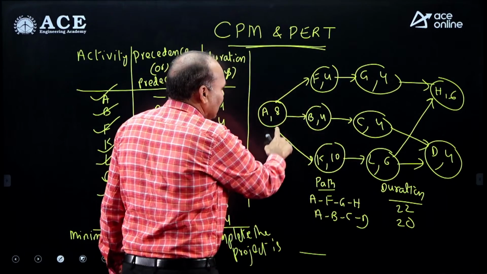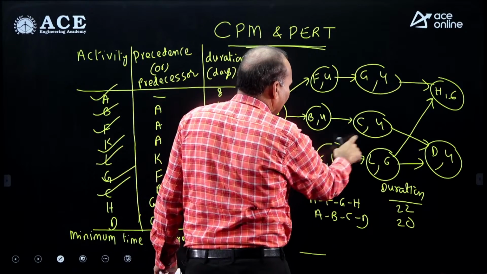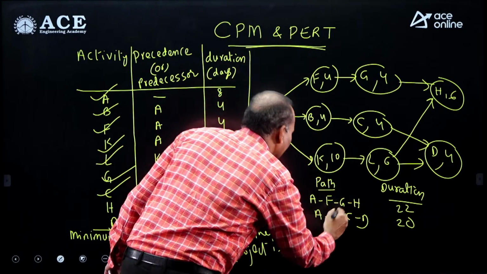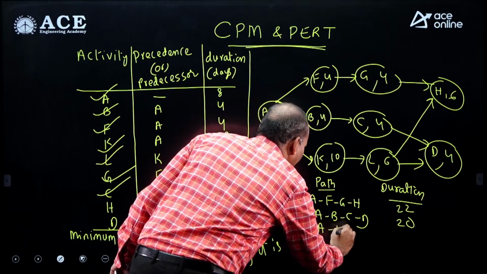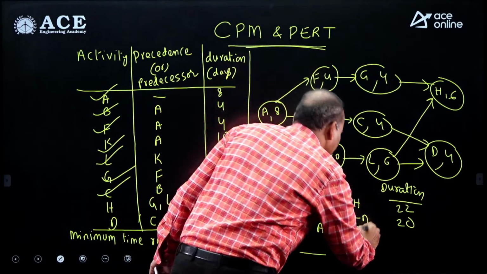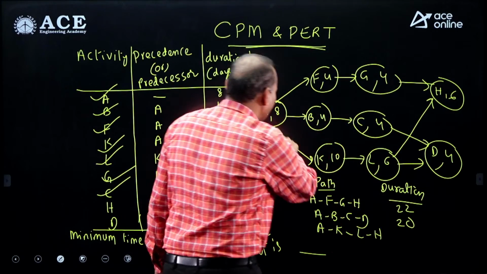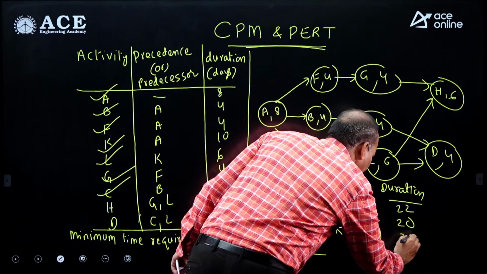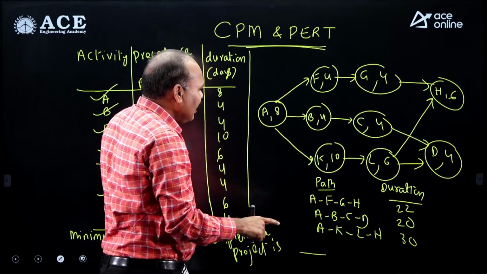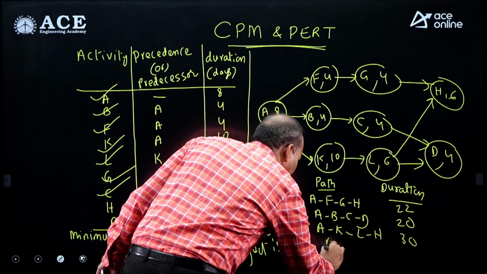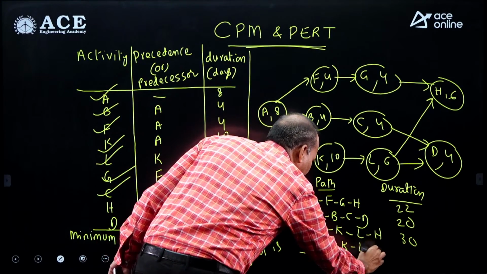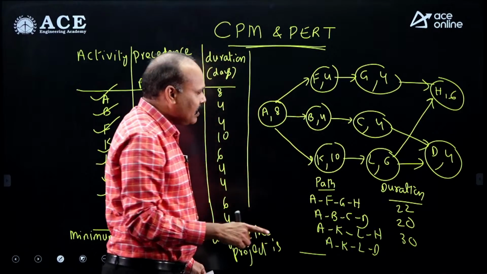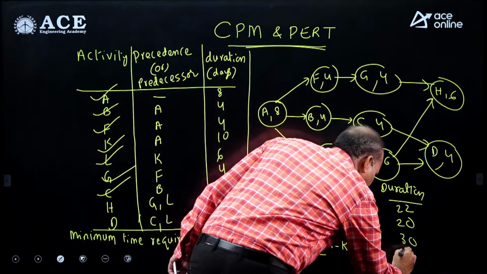Next path is AKLH: 18, 24 plus 6, 30. Next path is AKLD: 18 plus 6, 24 plus 4, 28.